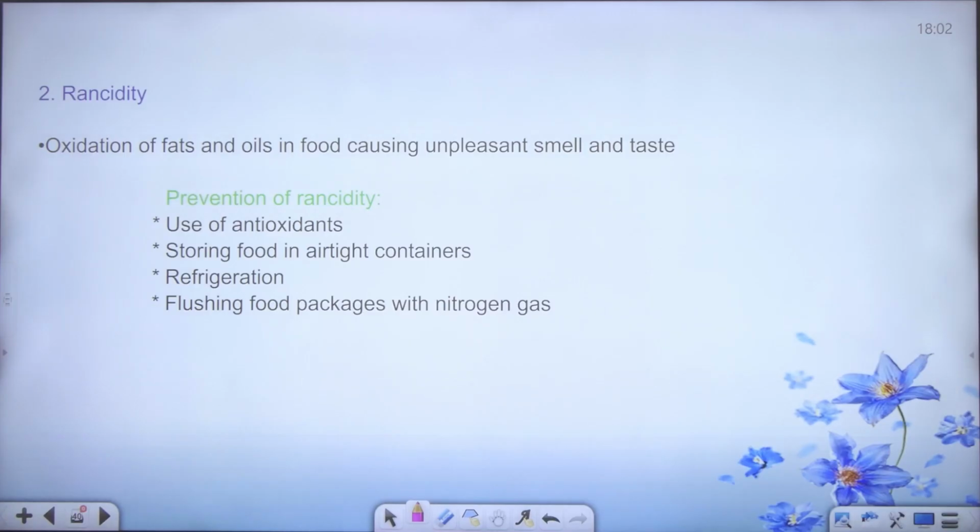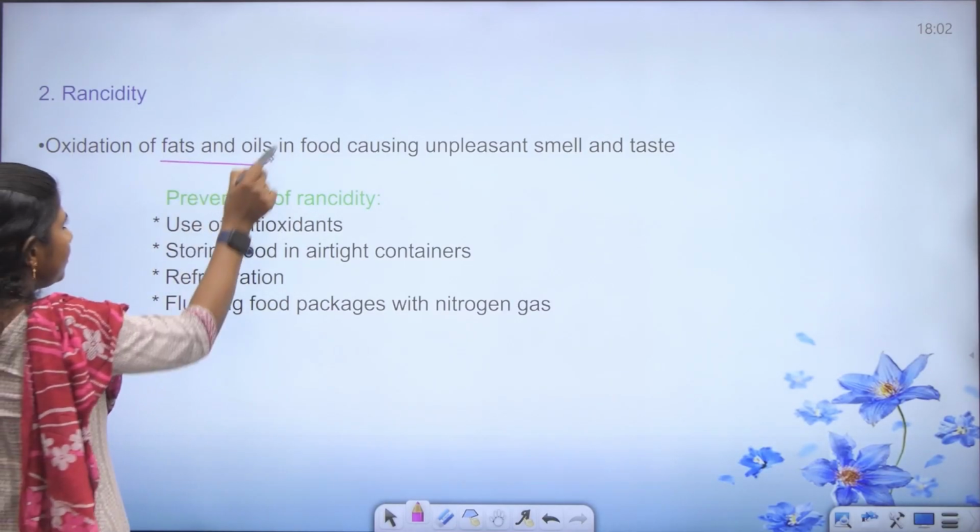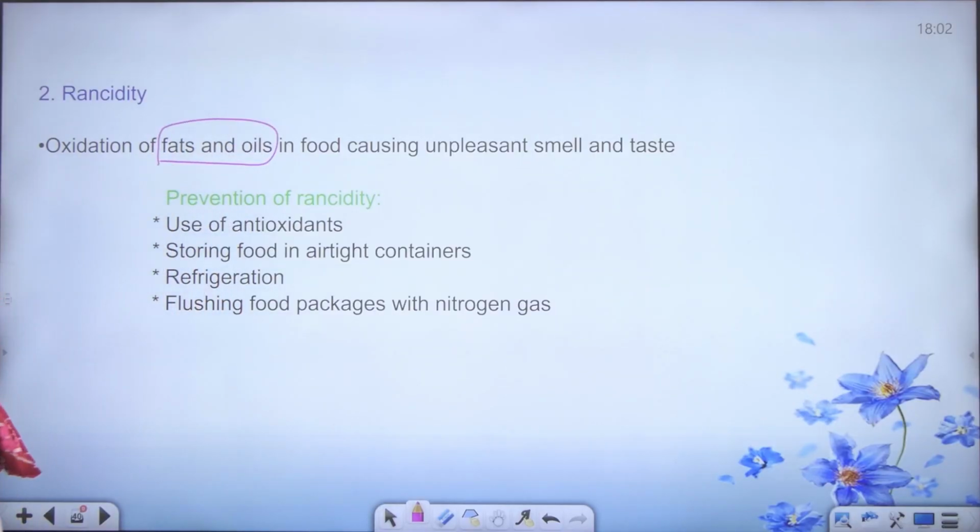Oxidation of fats and oils in food causing unpleasant smell and taste. The fat and oil are oxidized to form a new substance with an unpleasant smell and taste. That is called rancidity. Then how to prevent rancidity? Use antioxidants.